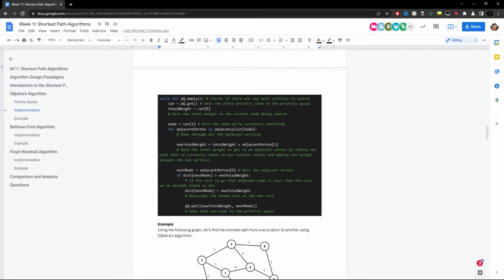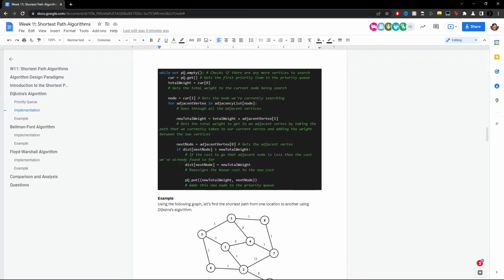So to get the new total weight of this path, we just add the weight to our current location as well as the weight of the edge that leads to this adjacent vertex. All right, and then we just check, is the weight that we currently know of to this adjacent vertex greater than the weight if I take this new path?